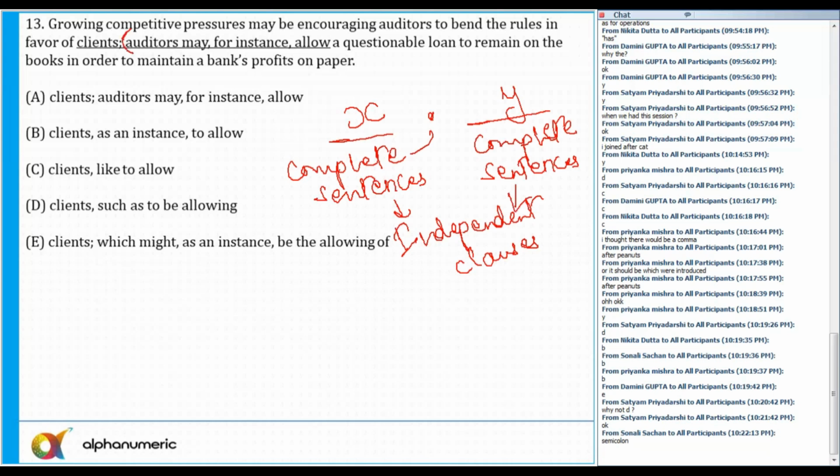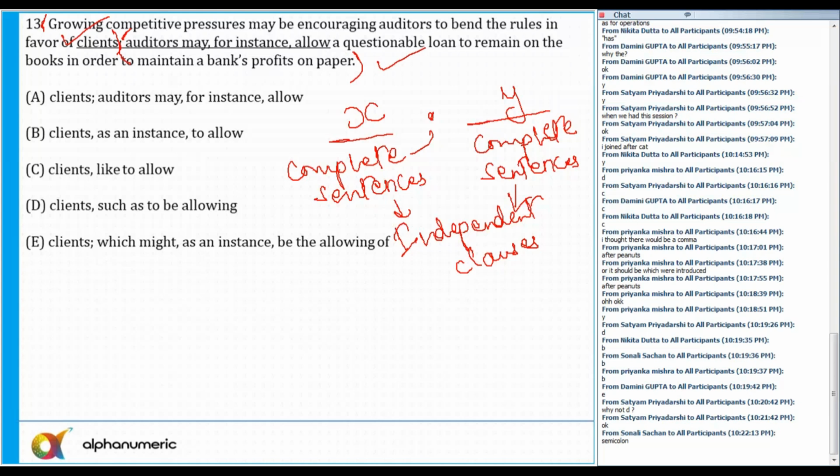If I just read from here, auditors may, for instance, allow a questionable loan to remain on the books in order to maintain a bank's profits on paper. This is all right. It makes sense. And the first part is saying growing competitive pressures may be encouraging auditors to bend the rules in favor of clients. This also will stand alone as a sentence.